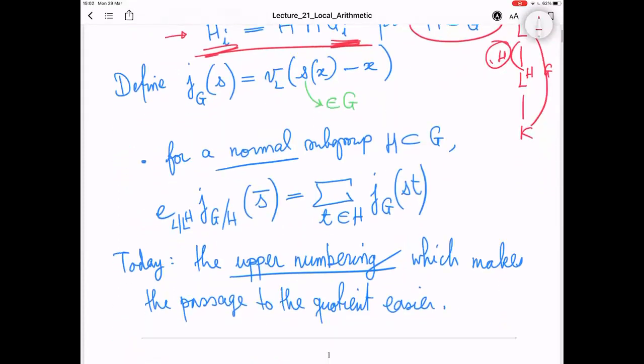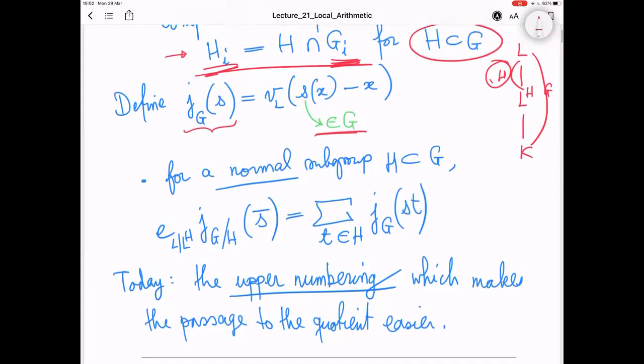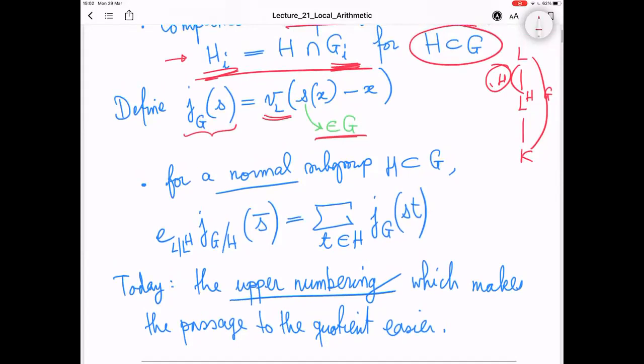Now, we had also defined this i_G of s for s in the group G, and it was the valuation v_L of s(x) minus x, where x is any element such that O_L is equal to O_K adjoin x.